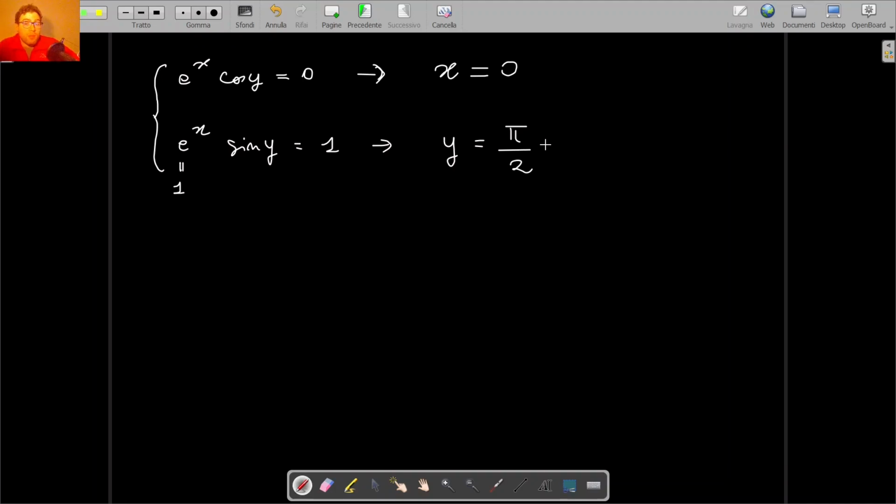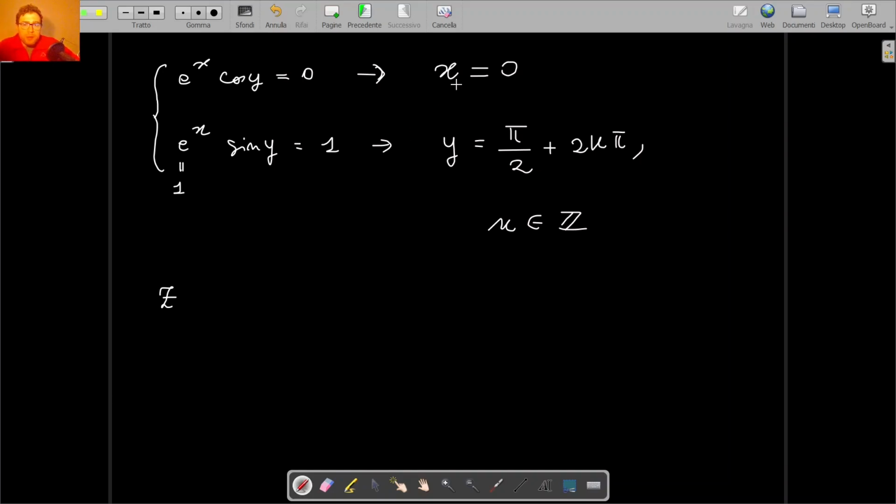and then we have to remember the periodicity of the sine function, so we have to add 2k pi, with k belonging to the relative numbers. So now we have solved this first equation, and we can write the solutions in algebraic form as follows.